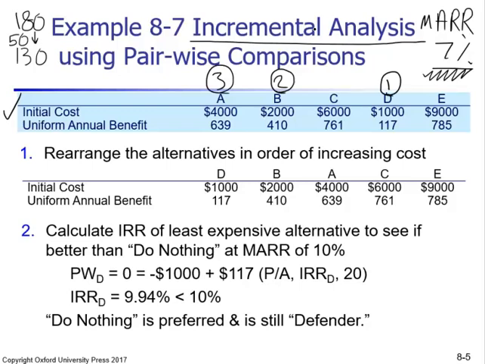So here you see it is just the sorted one, correct? So we start with D. I'm just talking about the methodology. We start with D and we have the initial cost of 1,000 and the uniform annual benefit of 117.